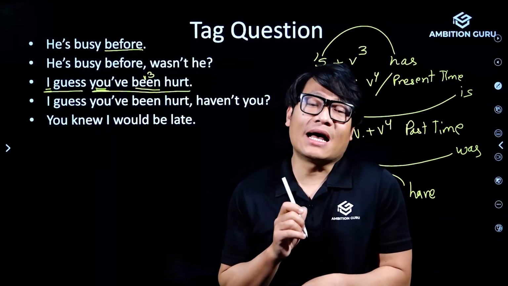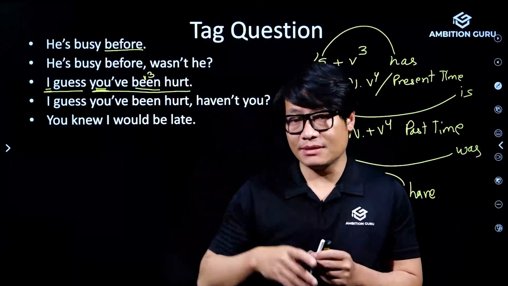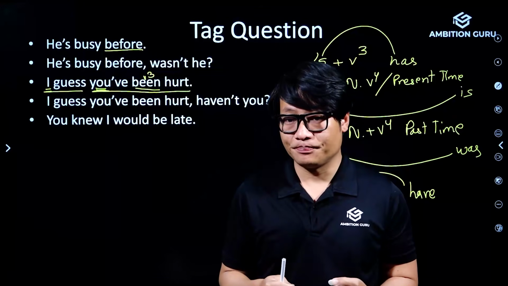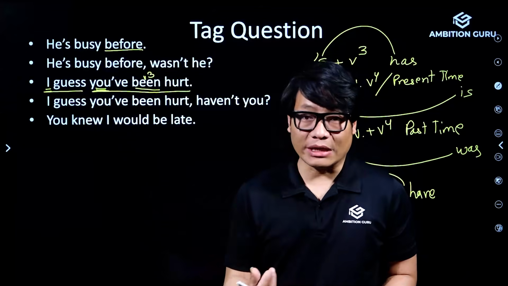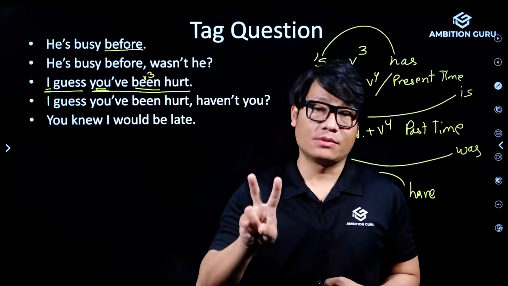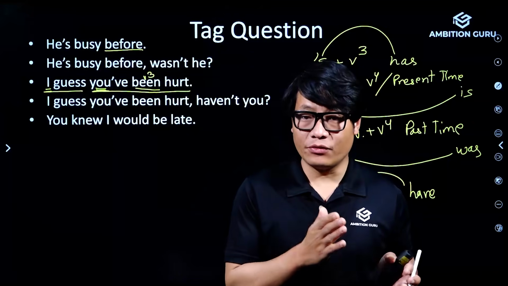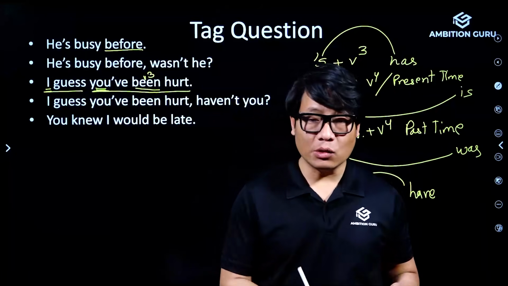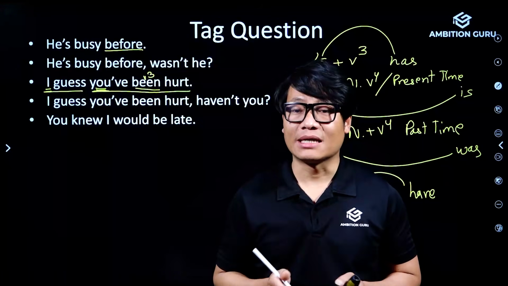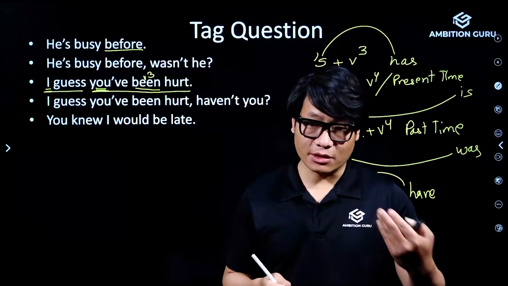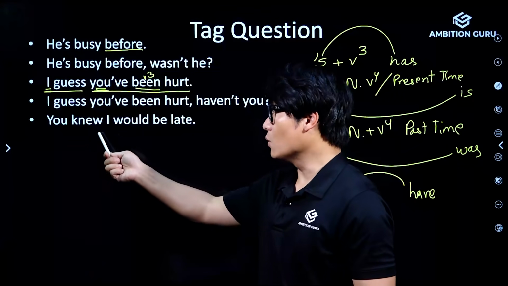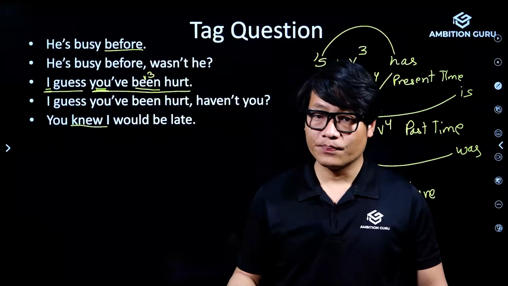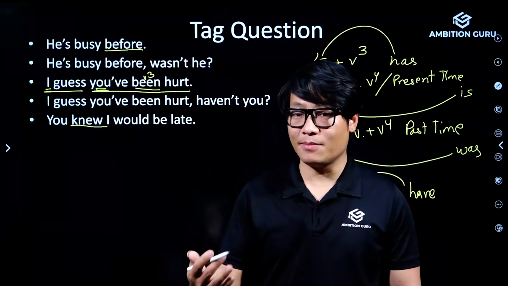I always tell you, when there is a first person and a second person, you need to focus on the second person. Like I and we, these two pronouns represent the first person or first speaker, and you represent the second speaker, that means who is listening to us. So, you knew I would be late, and you can see here K-N-E-W, knew.